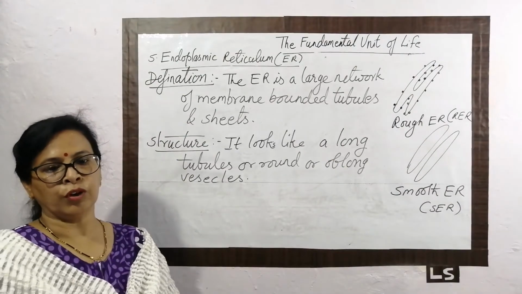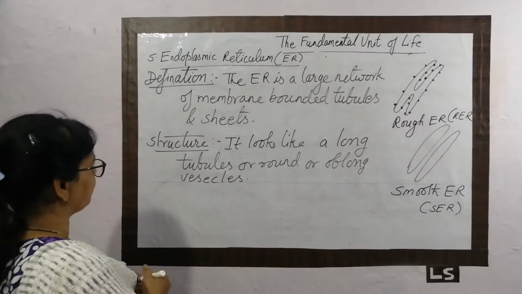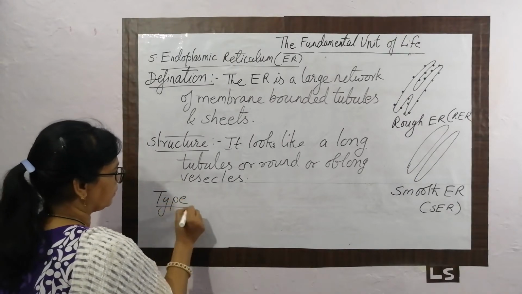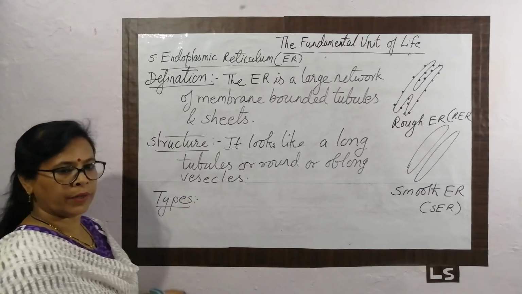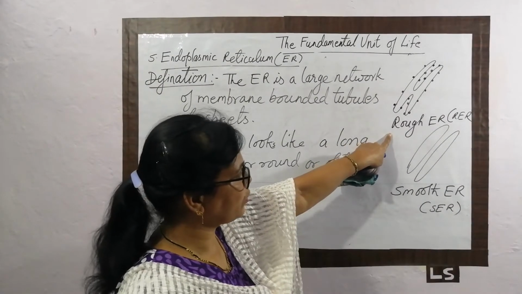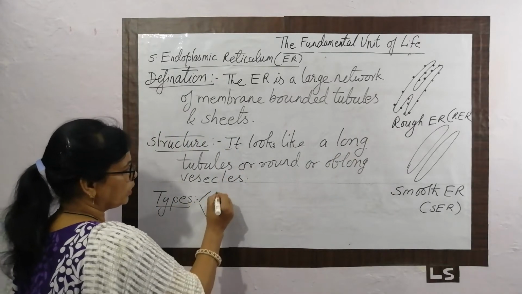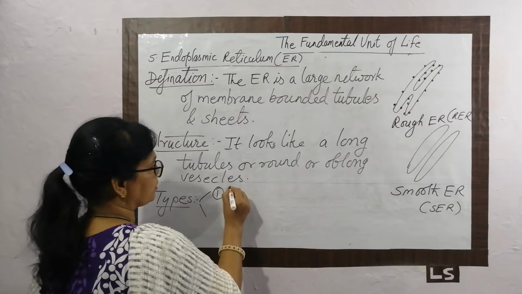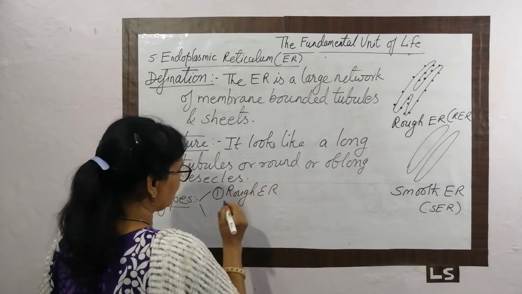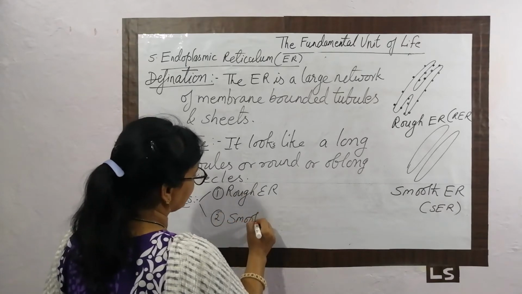Now let's move. What is the various type of endoplasmic reticulum? There are two types of endoplasmic reticulum. One is called the rough endoplasmic reticulum and another is called the smooth endoplasmic reticulum.